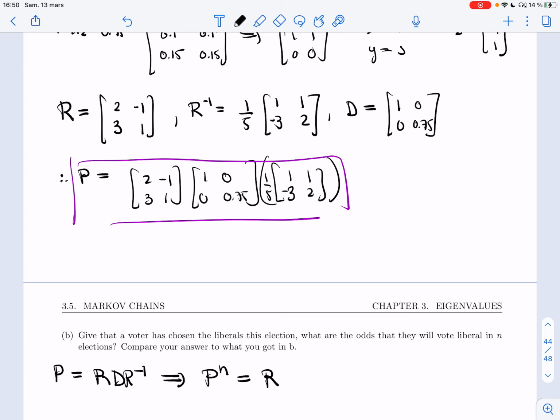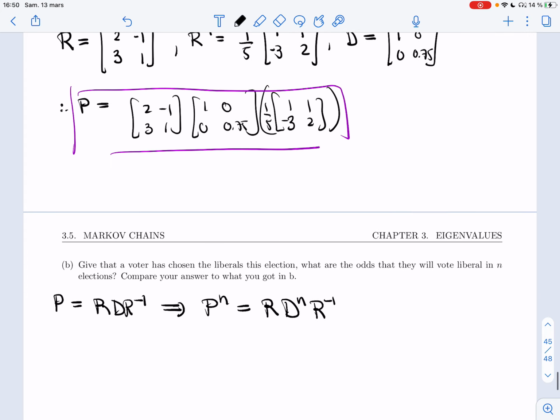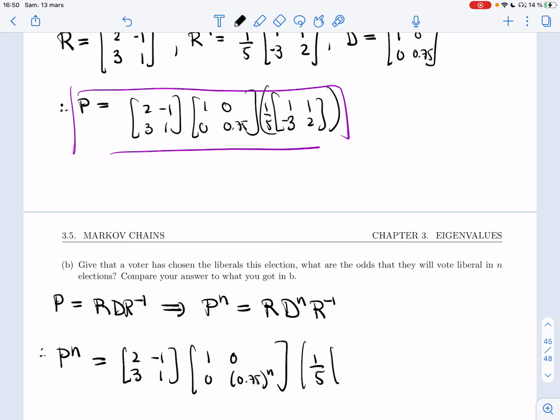We know that P to the n will be R D to the n R inverse. And so P to the n will be the matrix (2, minus 1, 3, 1), then D to the n, where the 1 stays there but I take 0.75 to the n, and then 1 over 5 times (1, 1, minus 3, 2). I'll multiply this by whatever state vector I'm starting with, and I'm going to get the probability of being conservative or liberal in an election.